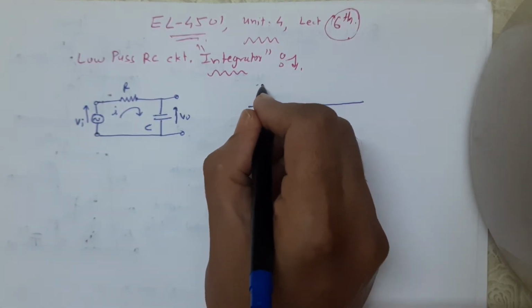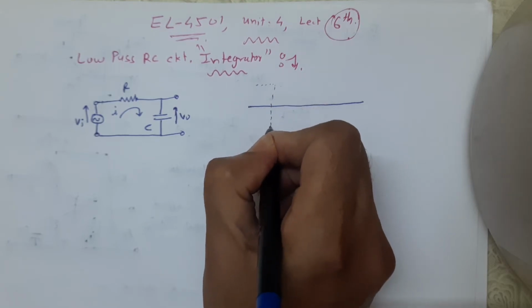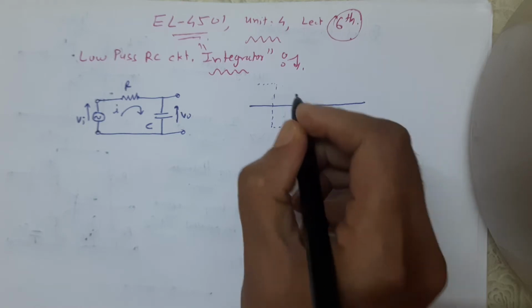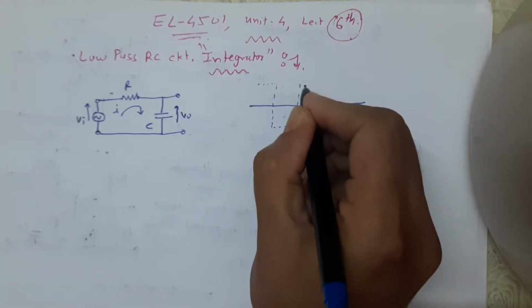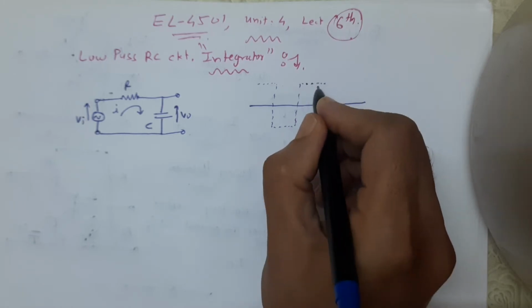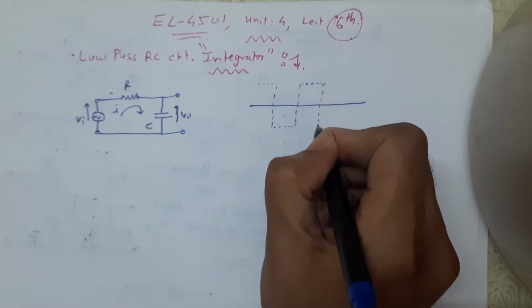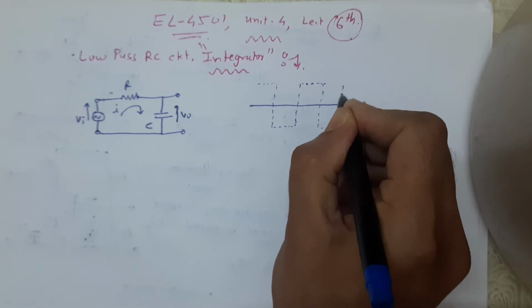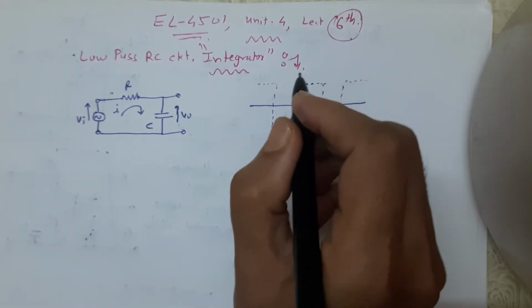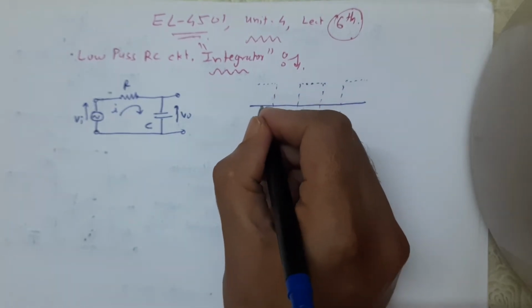If this type of square wave is applied to the input, then we are getting this type of output.